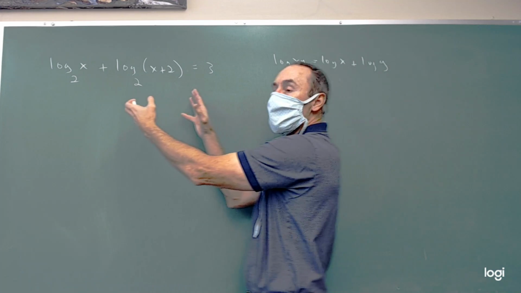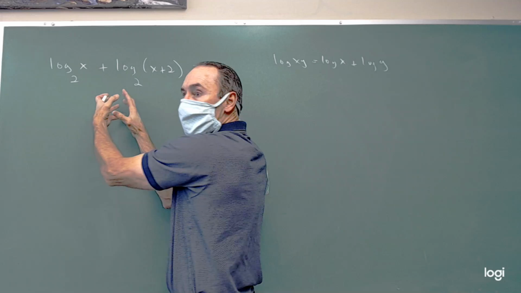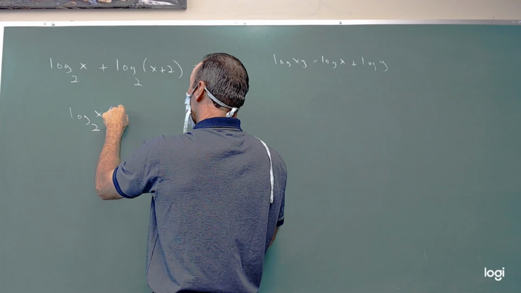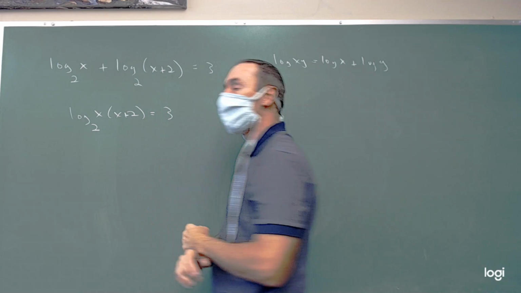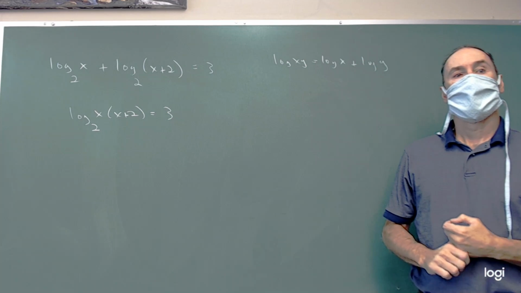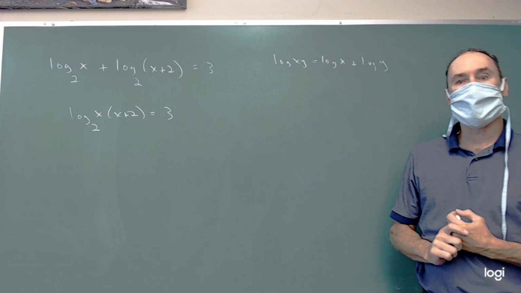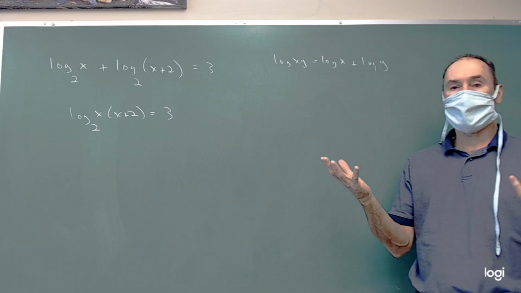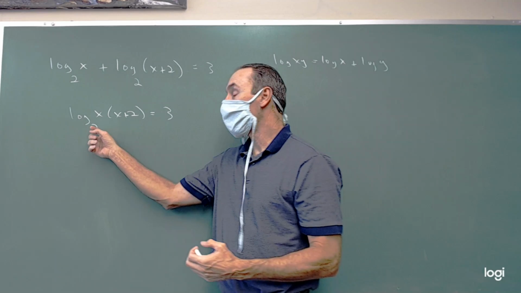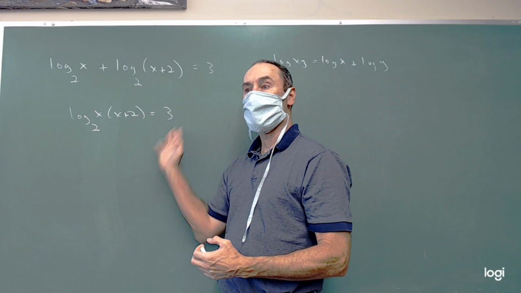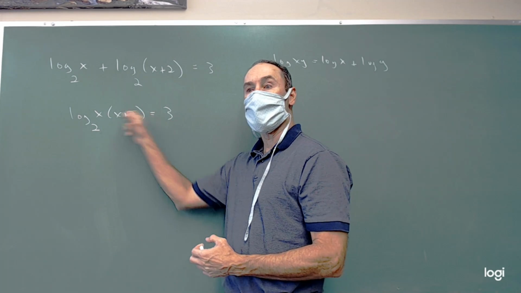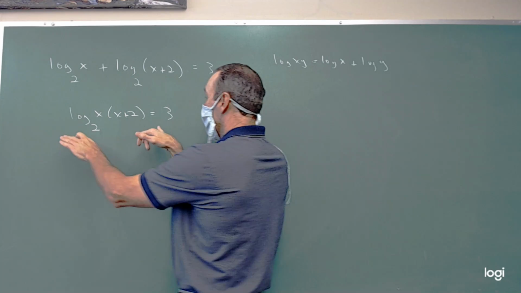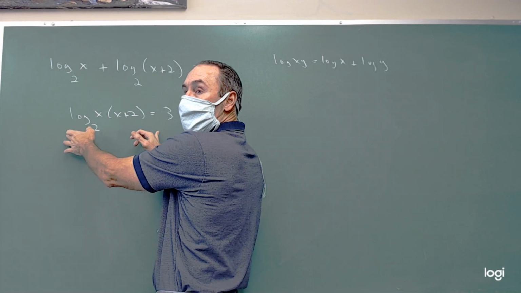Okay, so this is called condensing. We're going to combine these into a single logarithm on the left side of the equal sign. So we get the log of x times x plus 2 is equal to 3. Now it's more routine. We have a logarithm equal to a number, so to get out of the logarithm, we can do the corresponding exponential, or you could raise both sides as an exponent base 2.